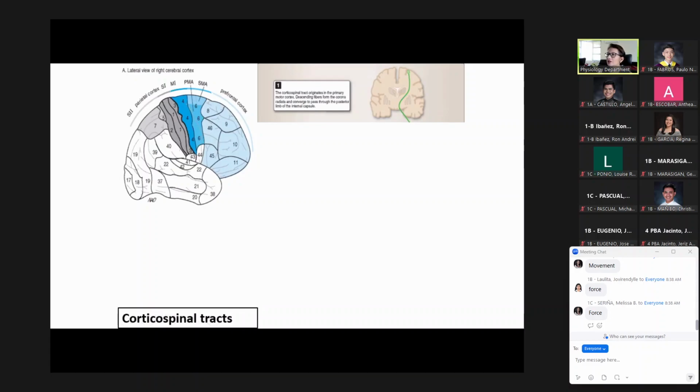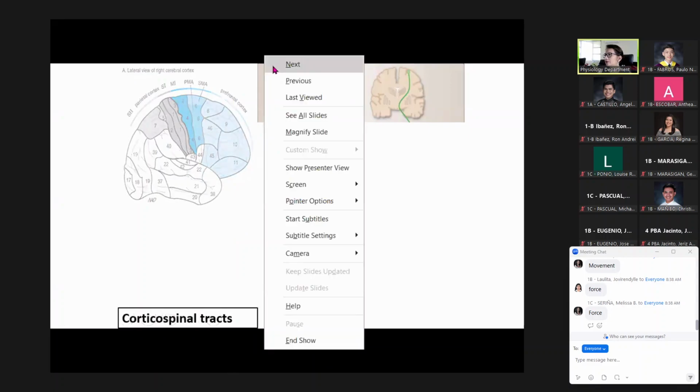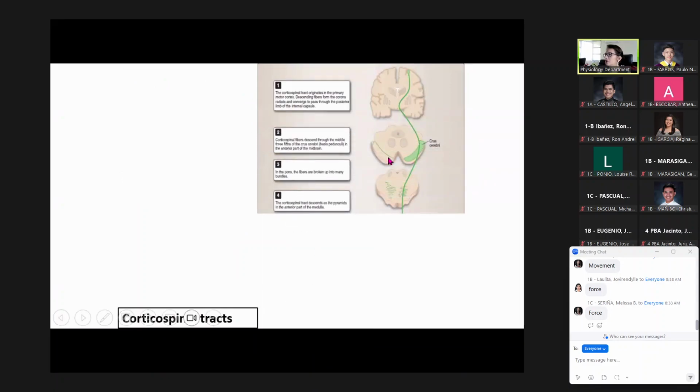So one third comes from this M1, and then some will come from your SMA, PMA, and then also from your sensory association area. Okay, so this is the pathway of your corticospinal tract.